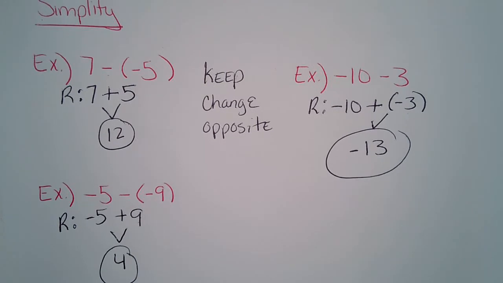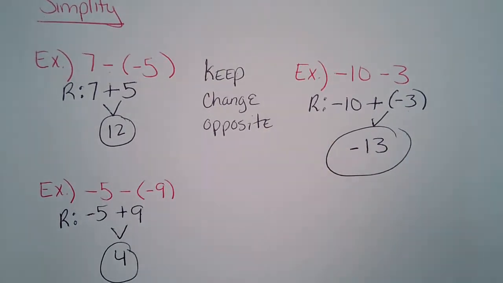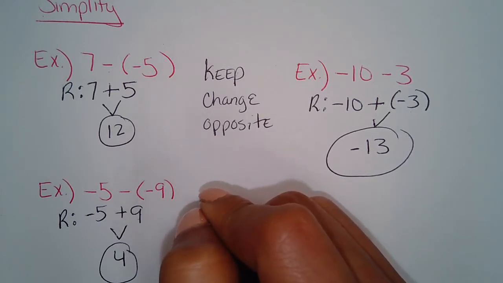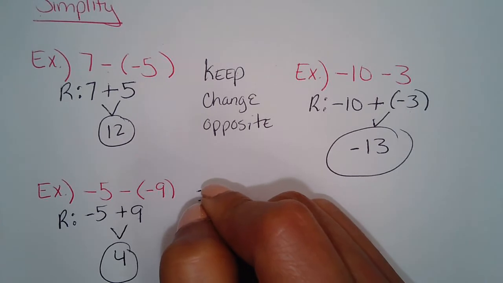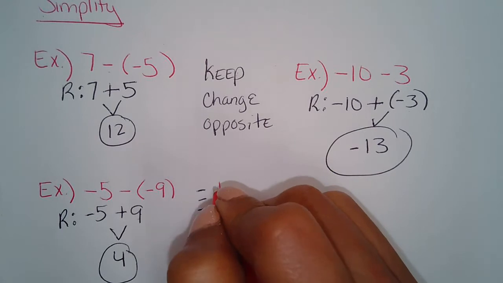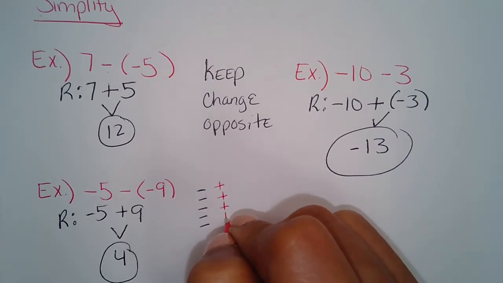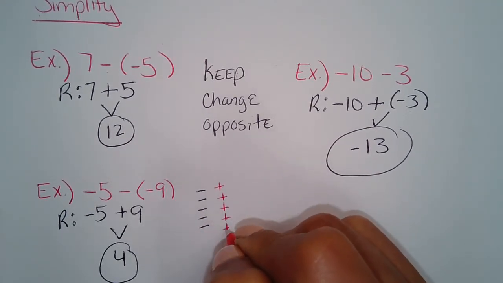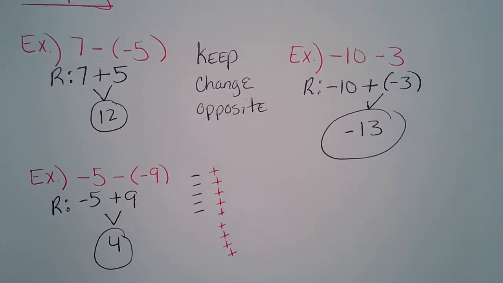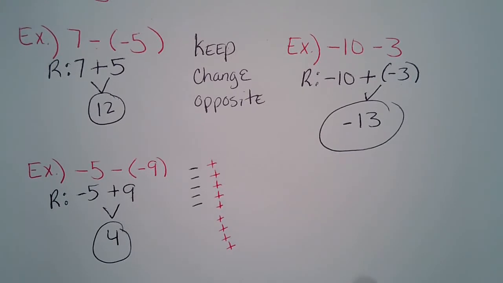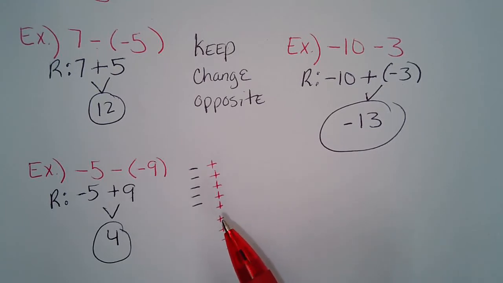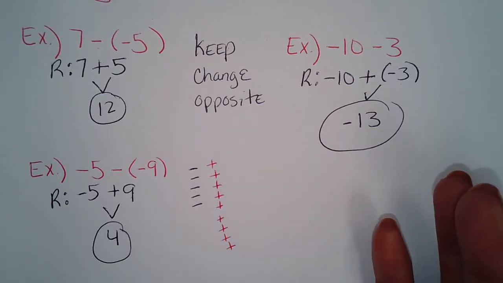I'm going to show you really quick the plus minus symbol strategy that I like to use just to check this. 1, 2, 3, 4, 5. So we have 5 negatives, and I'm going to add to that 9 positives. Hopefully you remember from our previous lessons that whenever you have a negative and a positive of the same value and you're combining them, they cancel out.